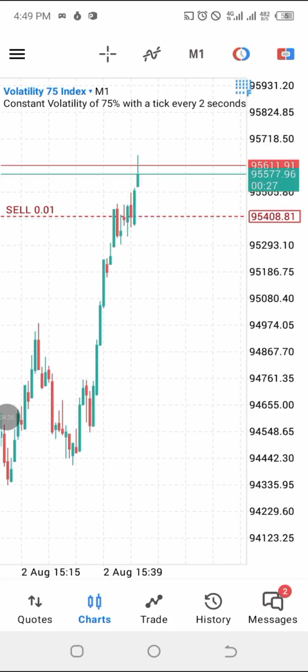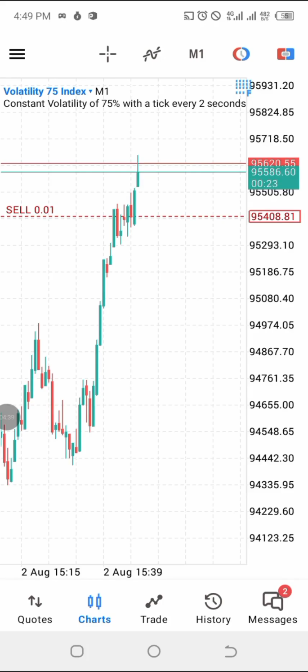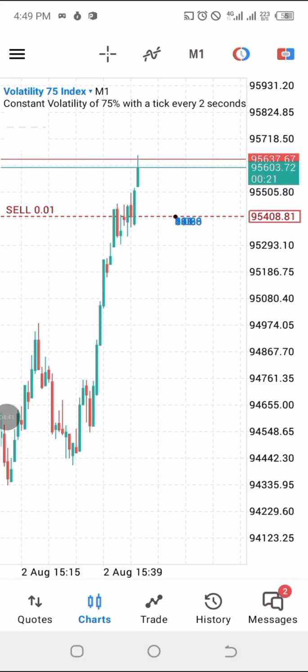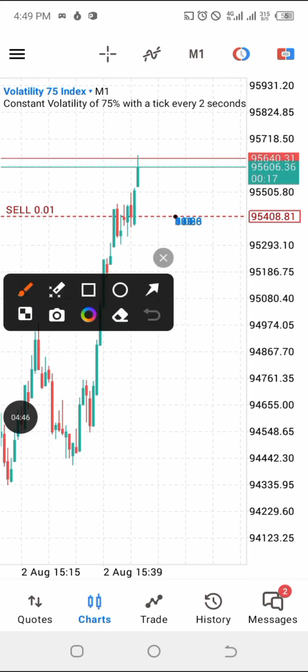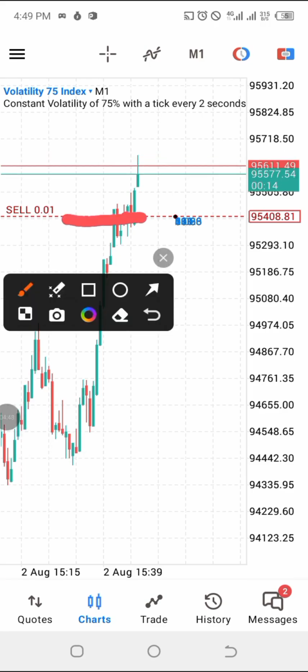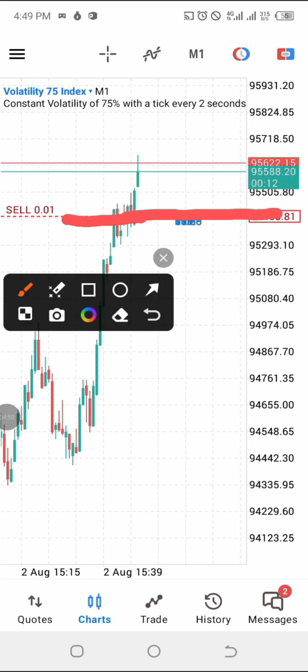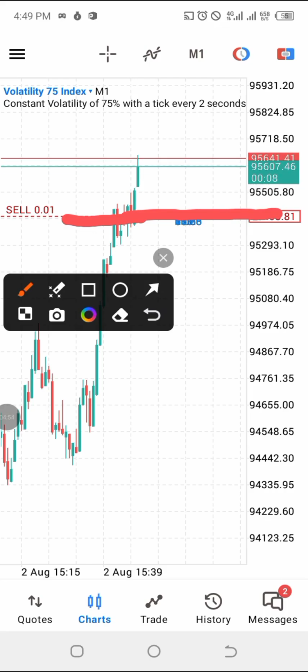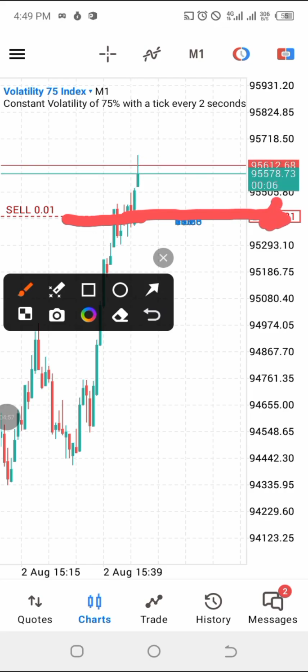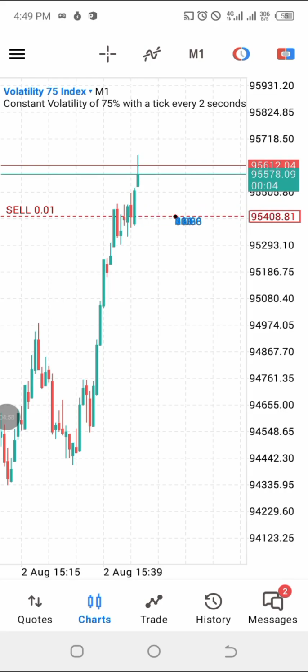You tap on it. Then you touch your screen. Observe that I placed it here. That's this same exact price, or what these lines are. That's the exact price you just sold at on this particular asset.